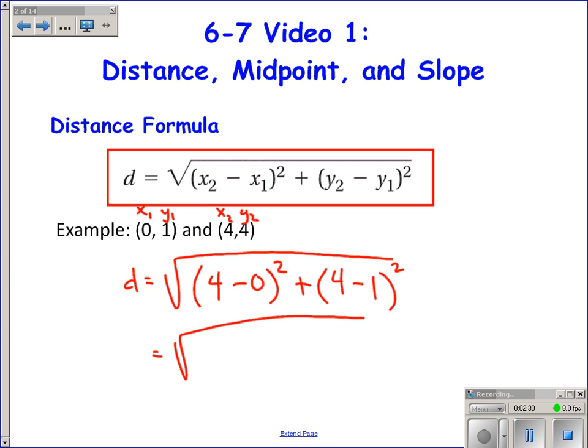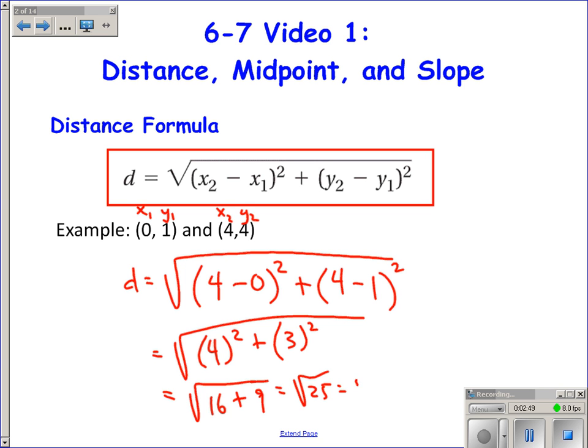So 4 minus, I'll do the parentheses first. 4 minus 0 is 4 squared, plus 4 minus 1 is 3 squared. Now 4 squared is 16, plus 3 squared is 9. So we get the square root of 25, or 5. So the distance between these 2 points is 5.